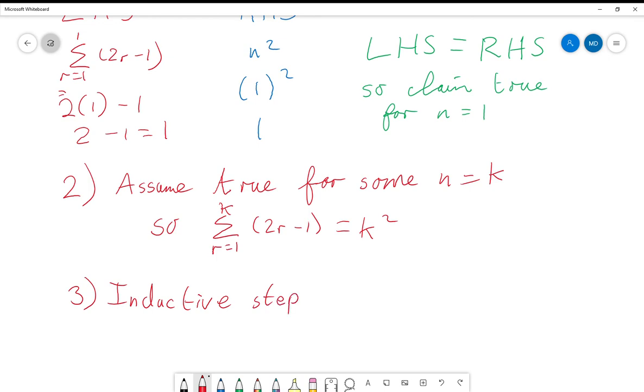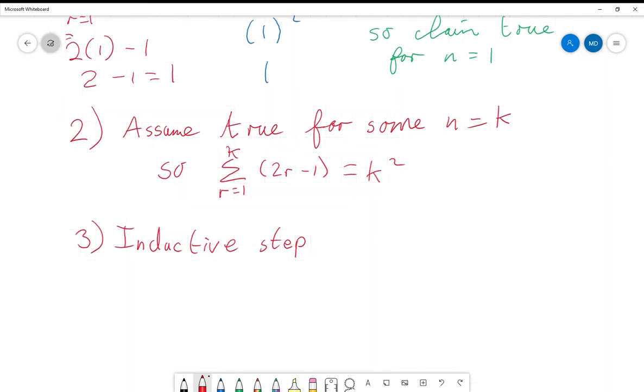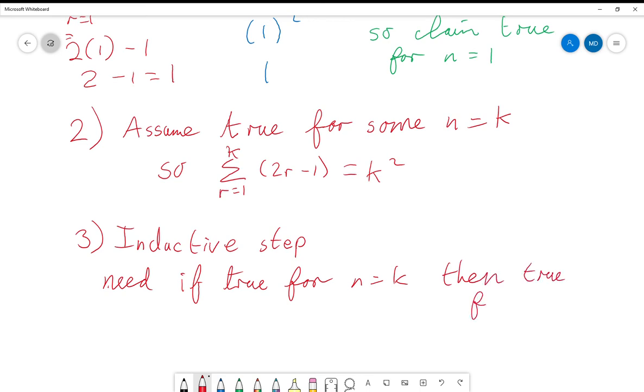And the inductive step is we need to show that if true for n equals k, then true for n equals k plus 1.